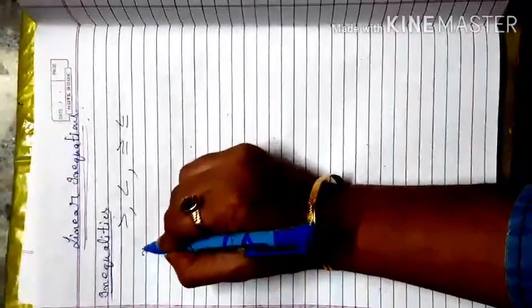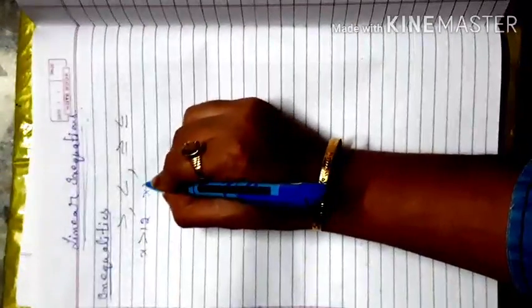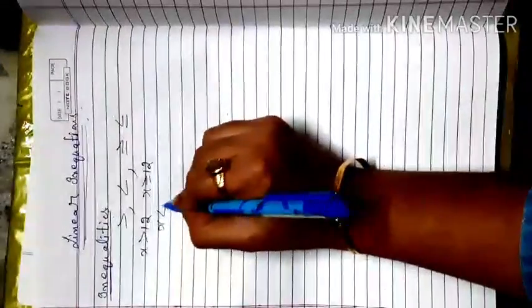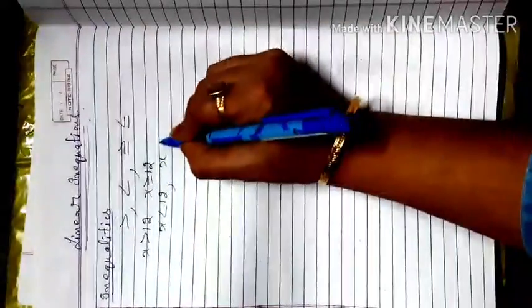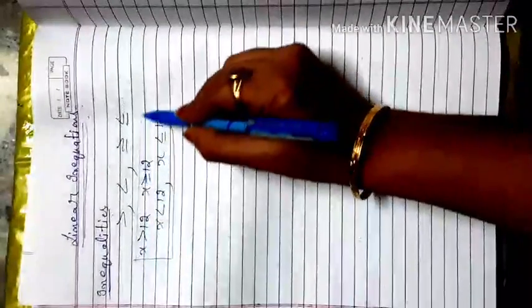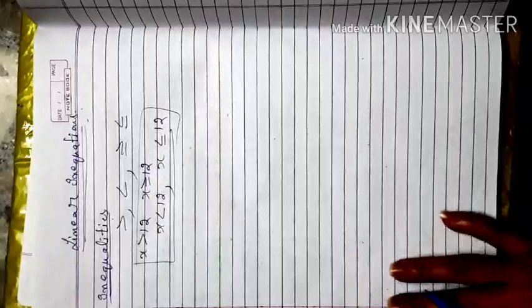Like x is greater than 12, x is greater than or equal to 12, x is less than 12, and x is less than or equal to 12. If your equation is of any of these four types, we call it a linear inequation.